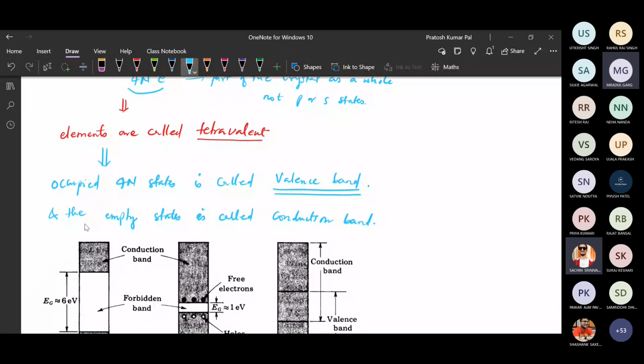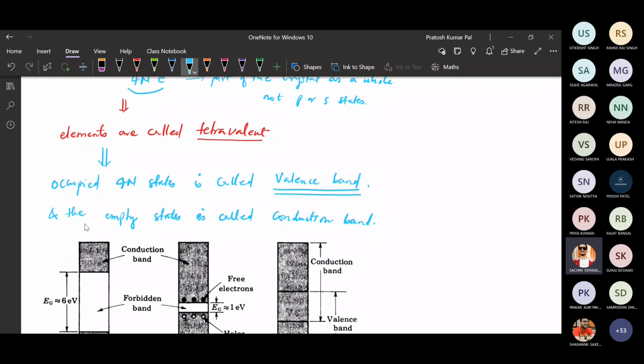Okay, so next we will see the fourth case, like how we can further reduce the distance such that the energy band as a whole can be defined for a crystal.